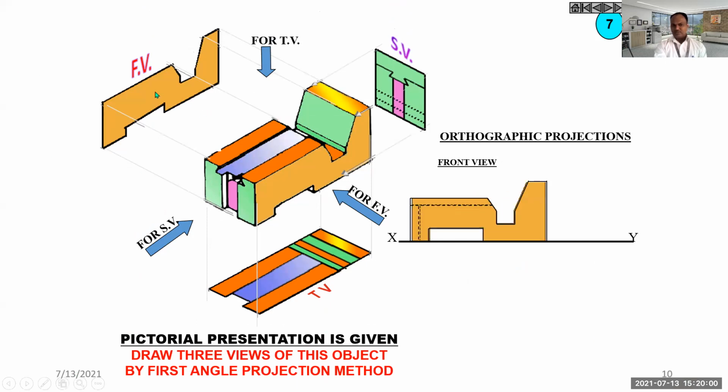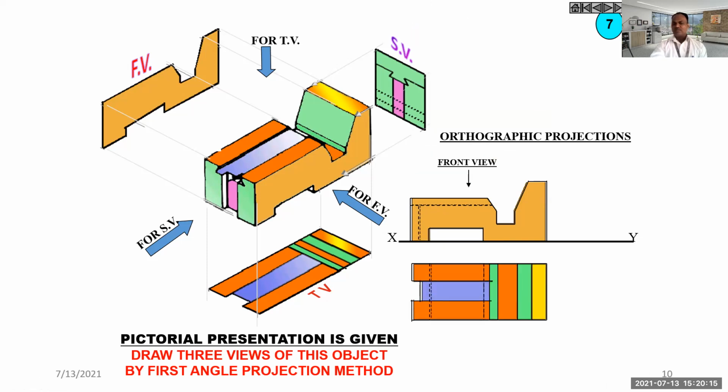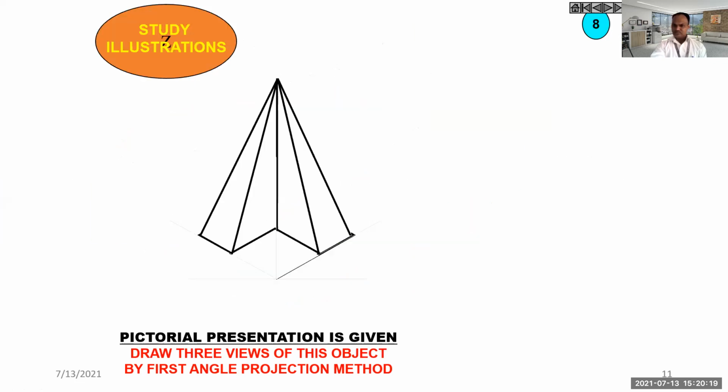Here in this diagram, they have not shown the dotted lines, but here we have to show it because this portion is above this portion. That's why it has been hidden. So we have to show a hidden portion by dotted lines. Similarly, top view and side view.